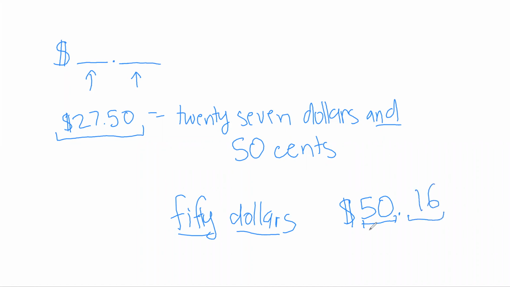So in this case, it would be $50, and we would have 16 cents. So that's just kind of that clarification there. That was one of the topics that we covered.